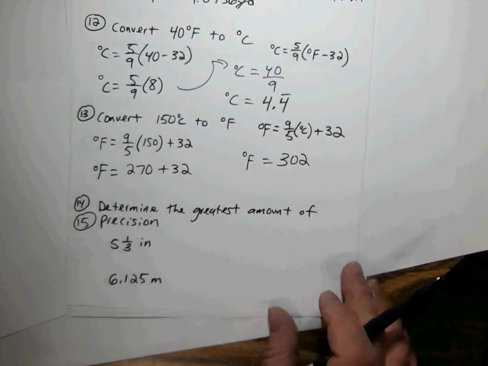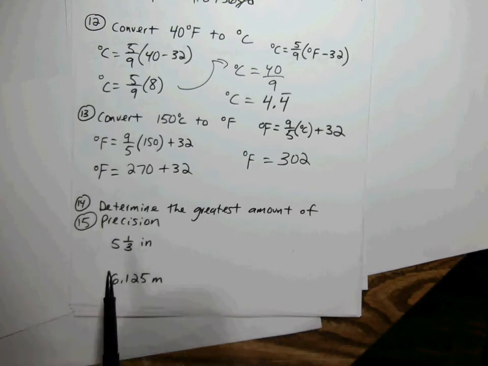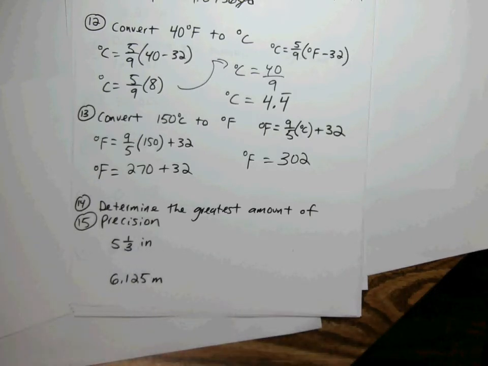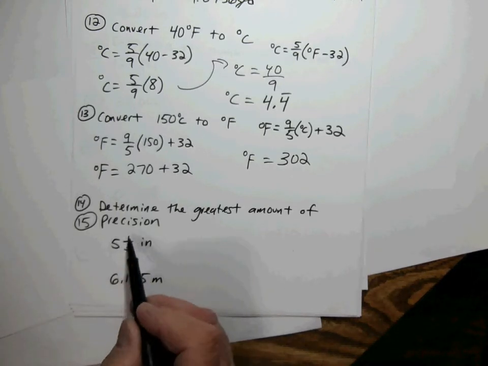Okay, precision. When I'm taking a measurement, the precision can only be to the unit of increment in the measurement. So in other words, I have 5 1/3 inches for some measurement here. Well, my precision of scale there can only be this fraction of a third.